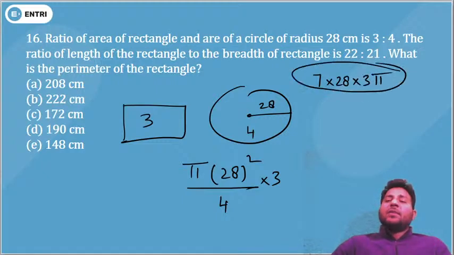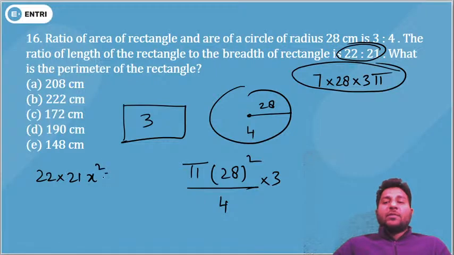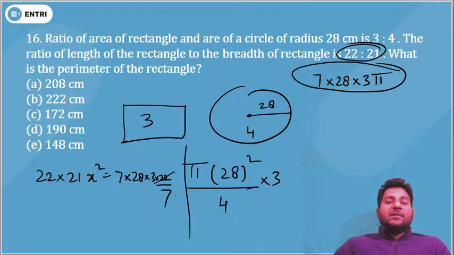Don't need to multiply. Okay, the ratio of length of rectangle to the breadth of rectangle is 22 and 21. So 22 into 21 x square equals 7 into 28 into 3 into 22 by 7. Now you can easily find out the answer.